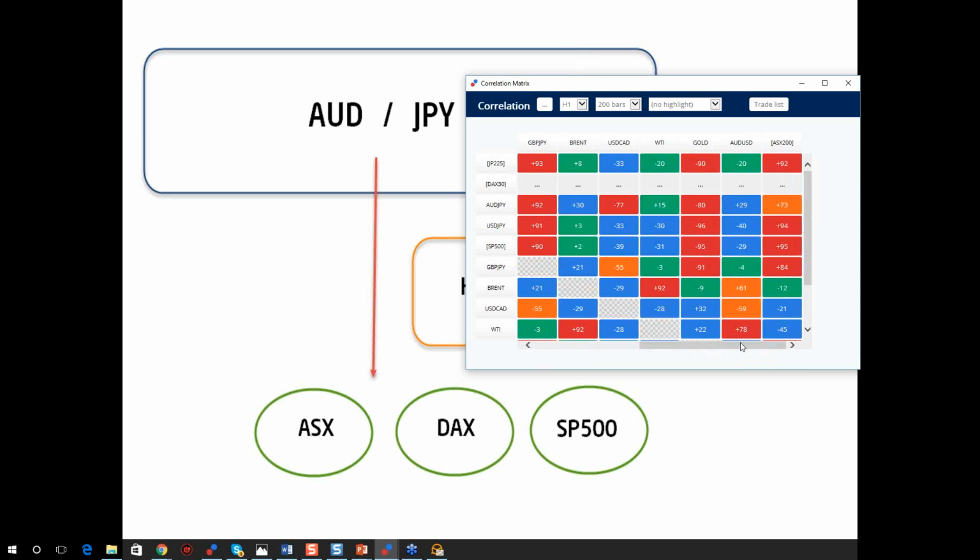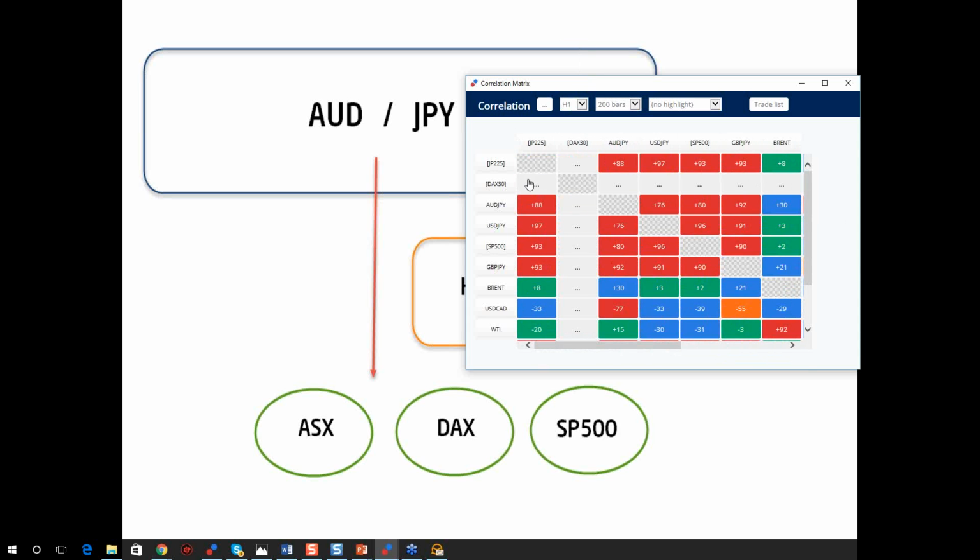It's not that bad. But if you compare it to other markets such as SP 500, you will see that SP 500 is stronger. So during London, you watch DAX and AUD/JPY and pound yen. During New York, you watch SP 500, AUD/JPY and pound yen. And during the Asia session, you watch Nikkei or ASX and AUD/JPY and pound yen.